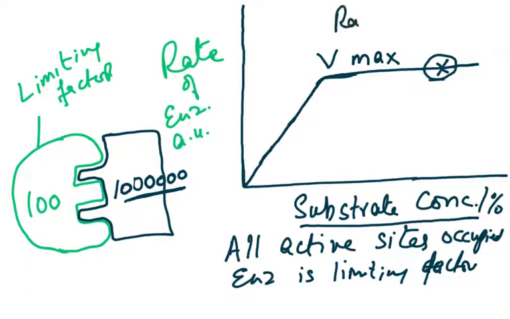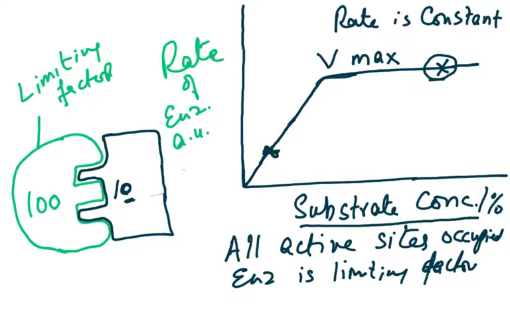So what did I say? Rate is constant. So even though we have increased the substrate, let's look at the situation again. We only have 10 substrate molecules, and this would be somewhere at this point of the graph.